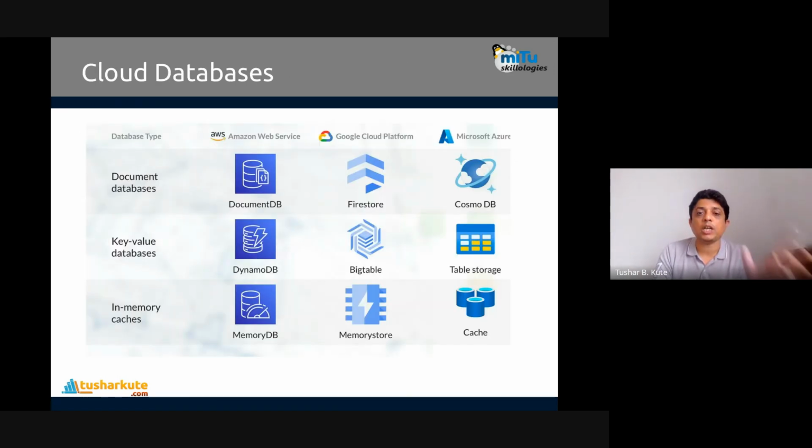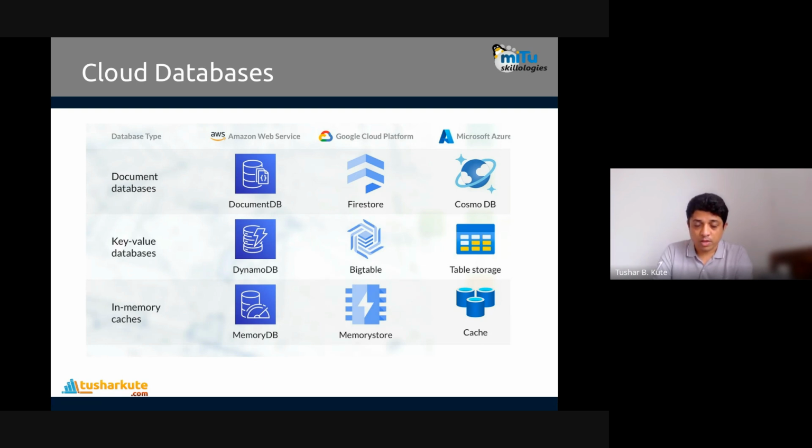Fine. Now see the cloud database. I have given this name before, but as per the architecture, the technique, the way by which they are created: AWS, Amazon Web Services, one of the most popular clouds in the world. Then Google Cloud, and third is Microsoft Azure. In case of Amazon AWS, document database is DocumentDB, key-value pair is DynamoDB, and in-cache memory storage is MemoryDB. On Google Cloud, Firestore is there, Bigtable is there, memory stores are there.